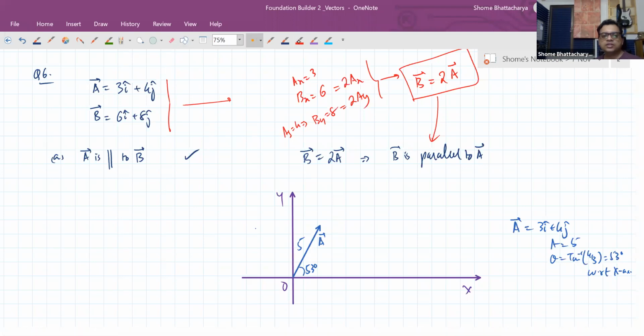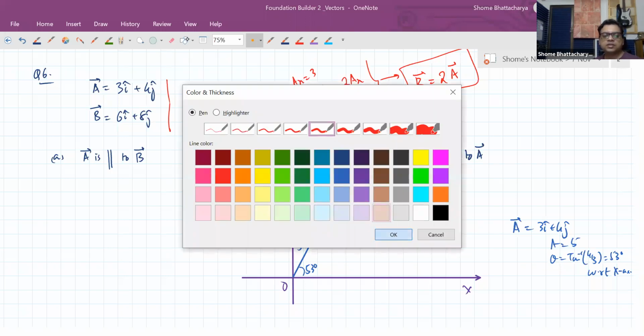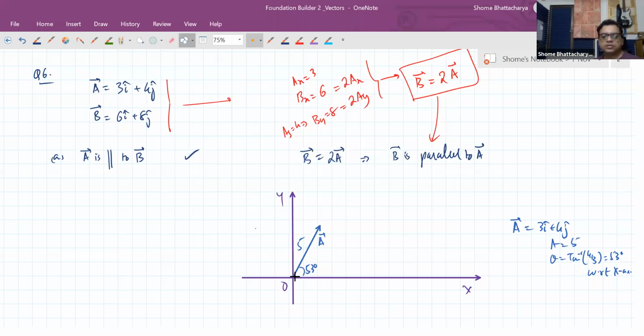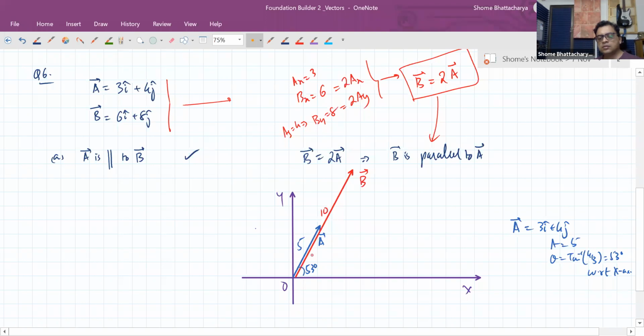Now when you notice the vector B, you see it's the same thing, but its magnitude is becoming 10 instead. Its magnitude is double, but the angle is the same. So in the same diagram, vector B would be lying like this. So again 53 degrees.